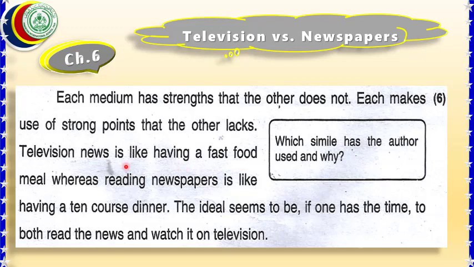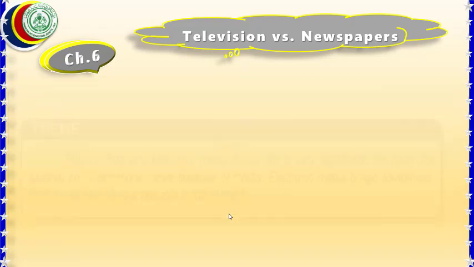This is the simile. Television is compared with fast food, whereas reading a newspaper is like having a 10-course meal. A 10-course dinner is the big one, including all dishes, several dishes, many dishes. The ideal seems to be if one has the time to both read the news and watch it on television.